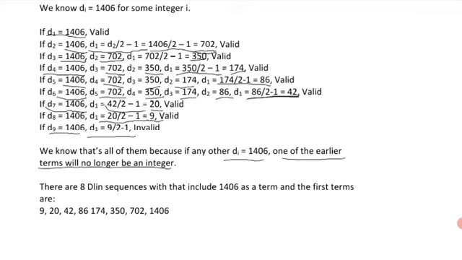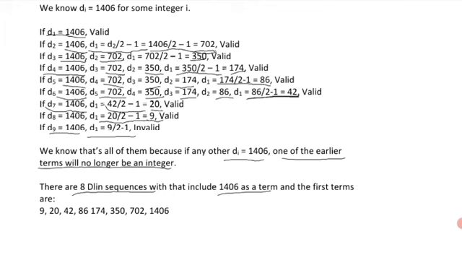Just like how we showed for d9, because at some point down the line, one of the terms will end up being 9 over 2 minus 1, which is no longer a valid term of the sequence. This tells us that no further di past 9 can be a valid d-lin sequence that has 1406 as a term. So therefore, there are only 8 d-lin sequences that include 1406 as a term.